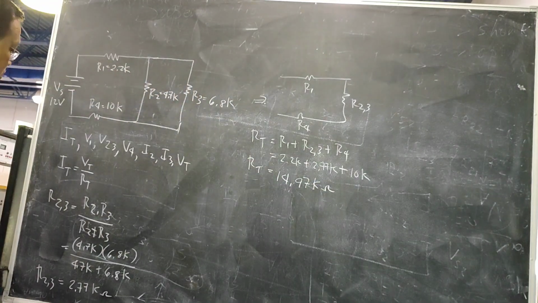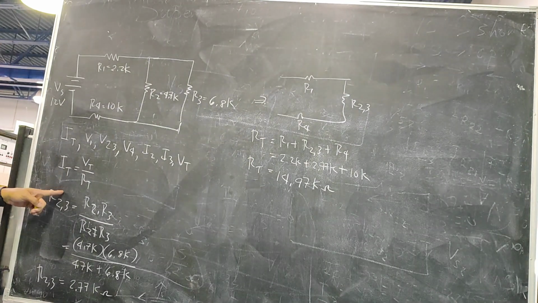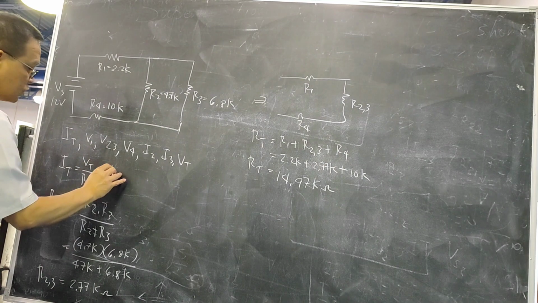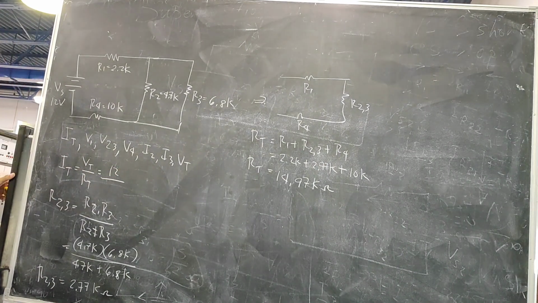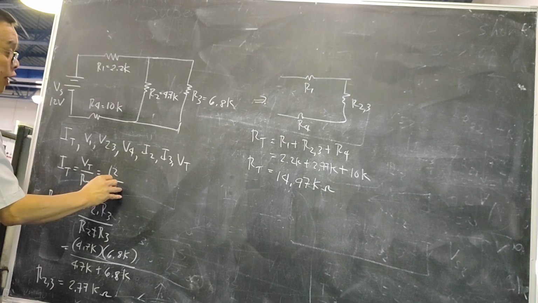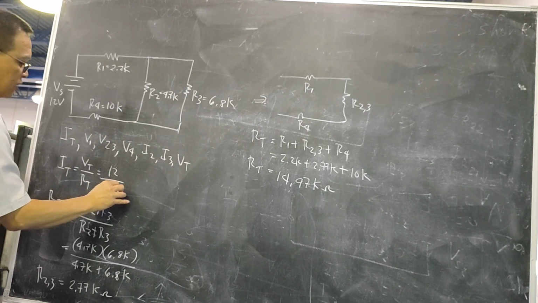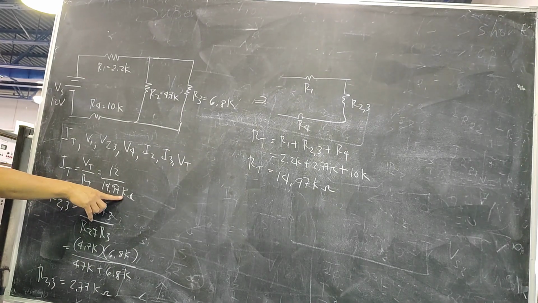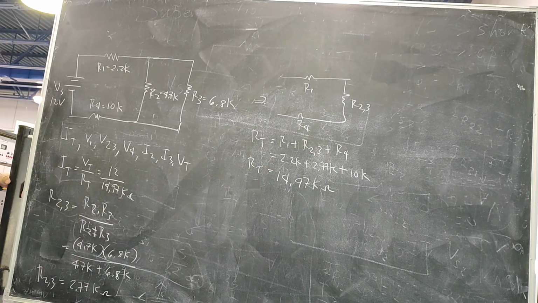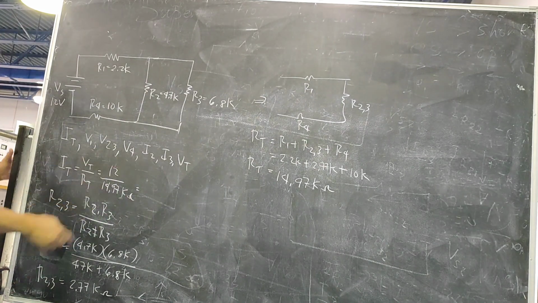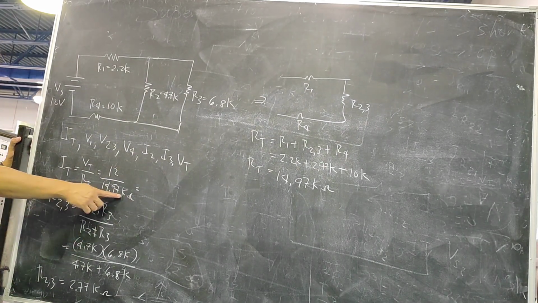Therefore, I total now is simply what? 12 volts, the source, or the total voltage, over 14.97 kilo. Take note, this is kilo, 1,000. So how much is this? It should be in milli because it's the opposite of kilo.